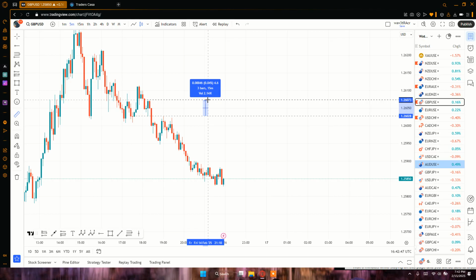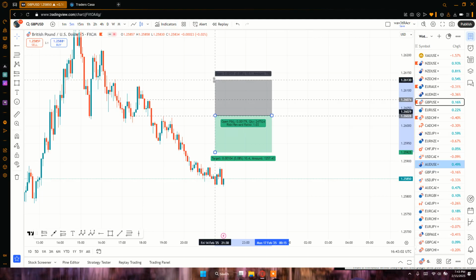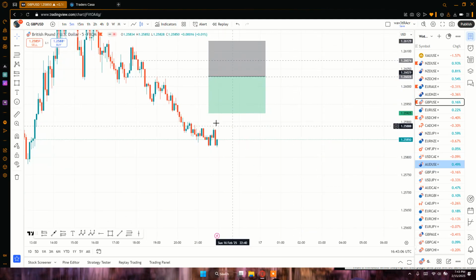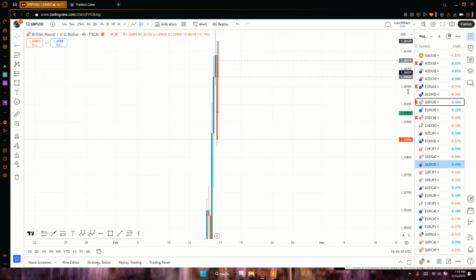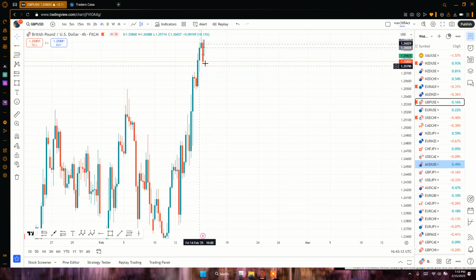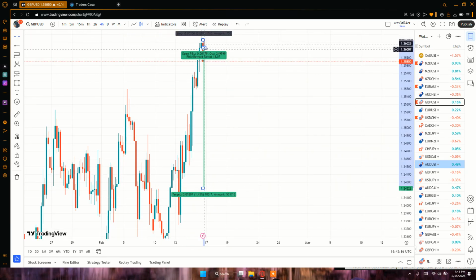The risk is 4 pips, but it won't hurt taking up to 10 pips stop loss. You can see here we have a 10 pips stop. This is a 10 pips stop. And so we are going somewhere.